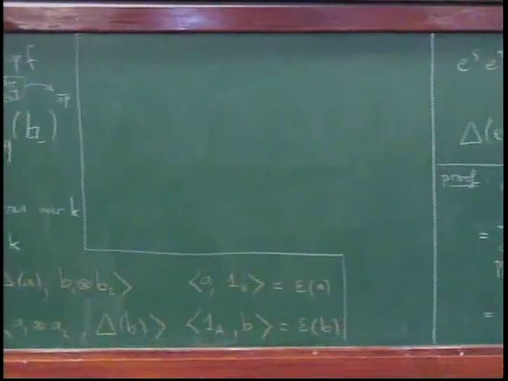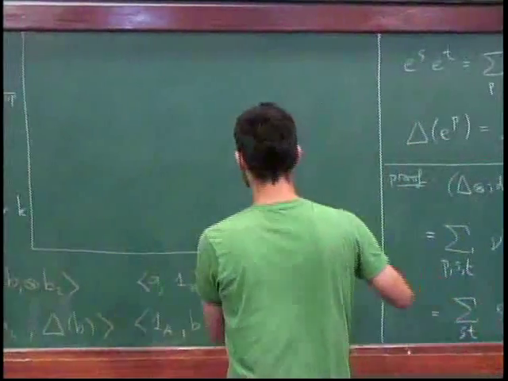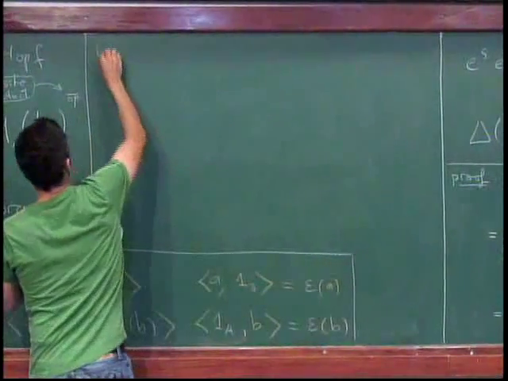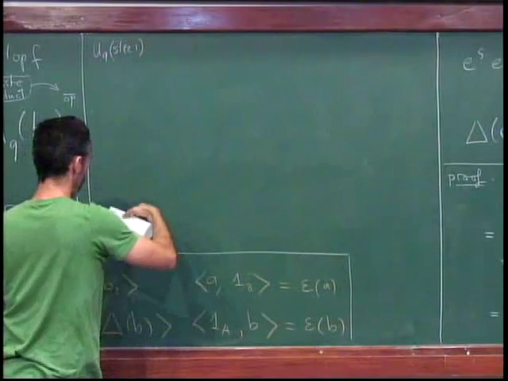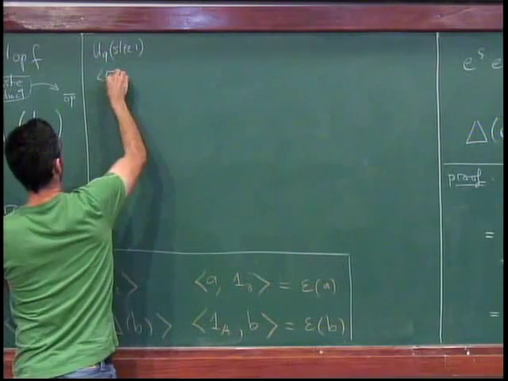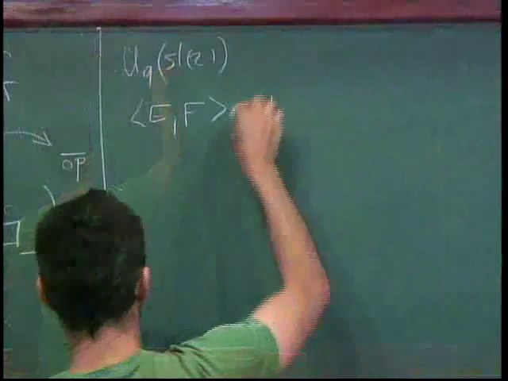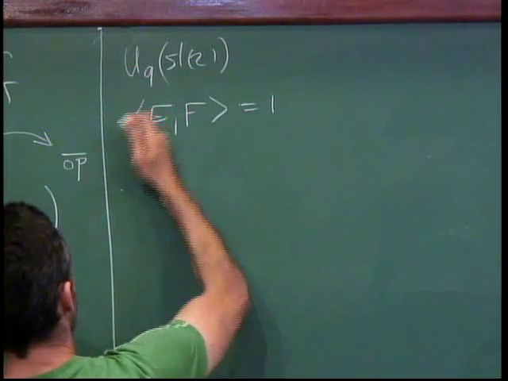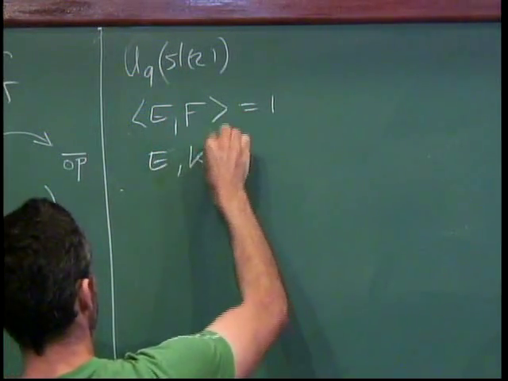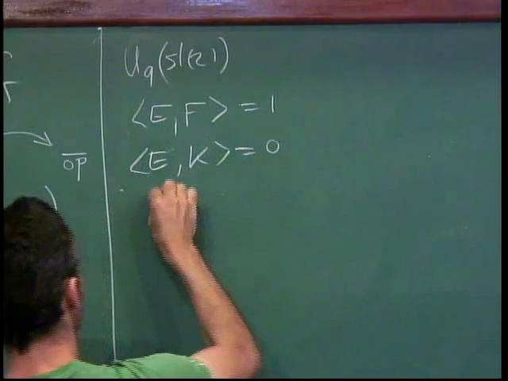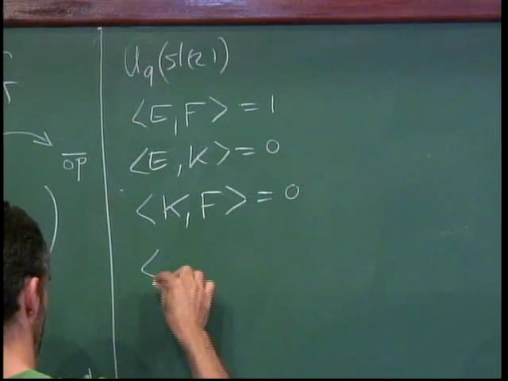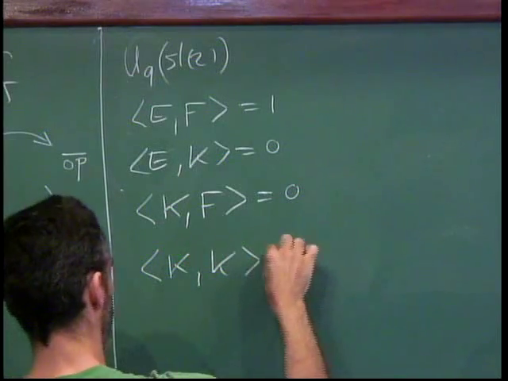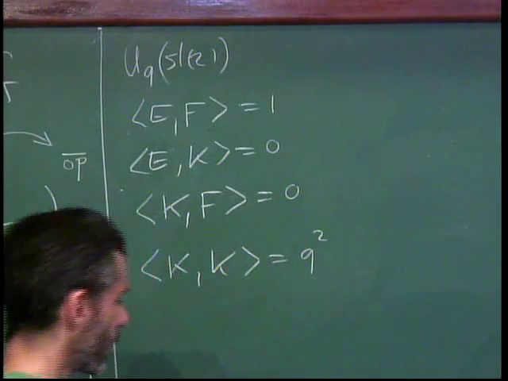Okay. So in U_q SL2, the pairing is the following. E F equals 1, E K equals 0, K F equals 0, and K K equals q squared.